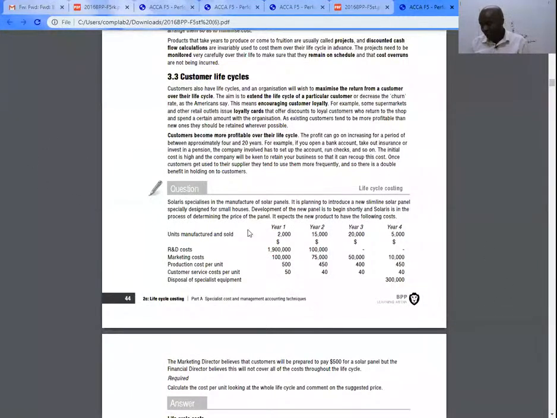The quantity sold is very important for me. Why? Because whenever I'm given a cost on a per unit basis, I must always take that cost per unit and multiply it with the number of units to be produced.